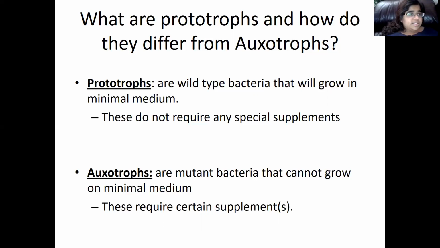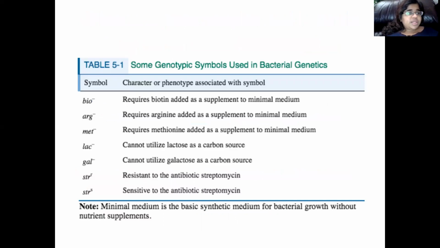Okay? To designate these different prototrophs and auxotrophs, you use different genetic symbols. For example, we have the symbol bio-negative. This shows that it requires biotin added as a supplement to the minimal media.